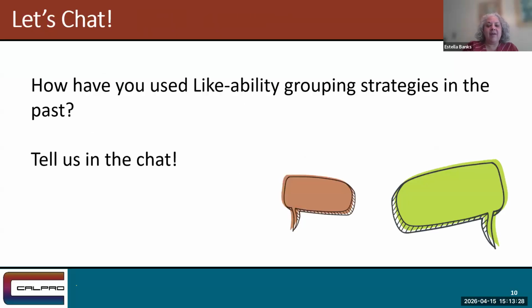So, how have you used like-ability grouping strategies in the past? Okay, peer work. Yes, dictation. Okay. And just out of curiosity, do you have the students dictating to each other? No, that wouldn't be, huh?